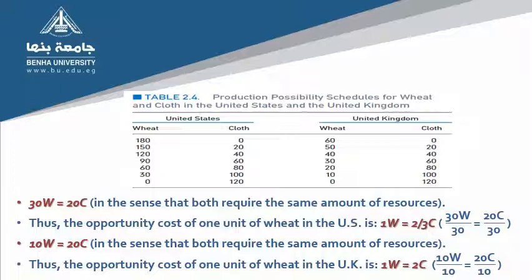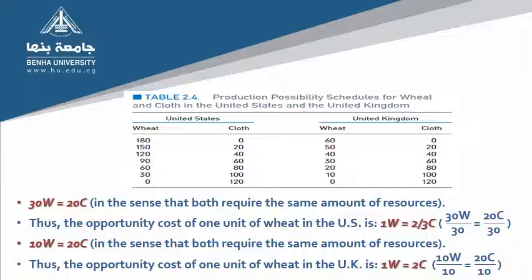which is constant. On the other hand, the United Kingdom can produce 60 bushels of wheat and 0 yards of cloth, or 50 bushels of wheat and 20 yards of cloth, or 40 bushels of wheat and 40 yards of cloth, down to 0 bushels of wheat and 120 yards of cloth, which means for each 10 bushels of wheat that the United Kingdom gives up, just enough resources are released to produce an additional 20 yards of cloth.